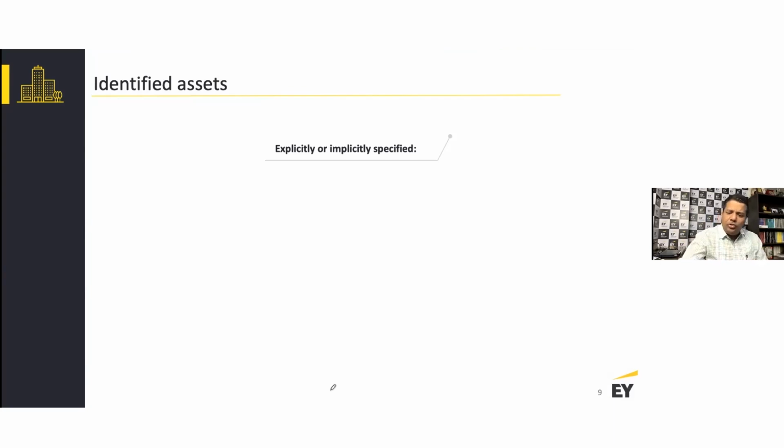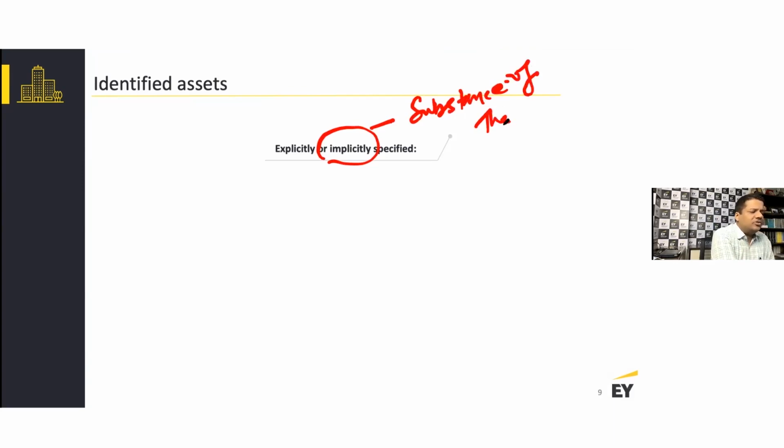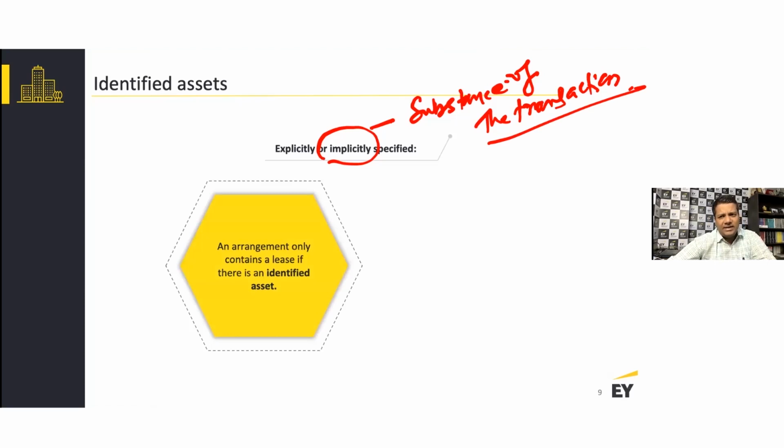So you have to then look at the substance of the transaction. Why implicit identification is important is because we are trying to address the substance of the transaction. From an accounting perspective, we look at not only the form but the substance of the transaction. So if the substance is a lease arrangement, as opposed to a supply or a services arrangement, then you need to account for it as a lease arrangement.